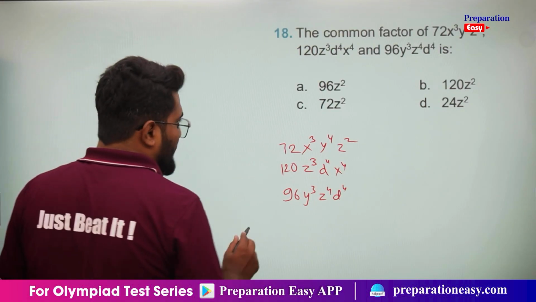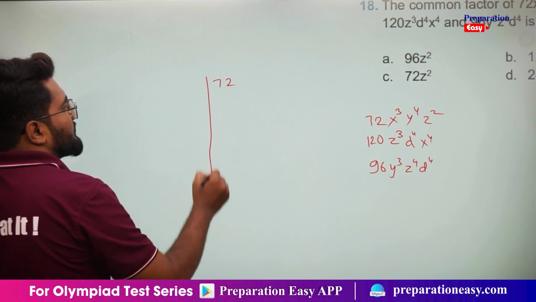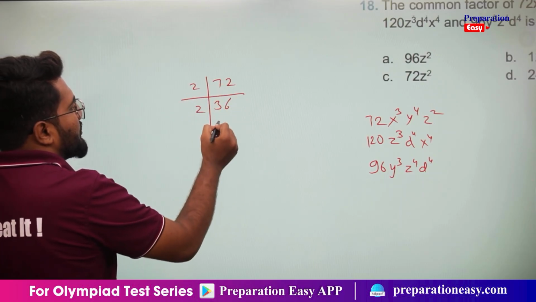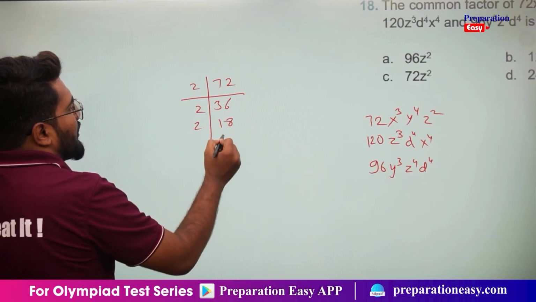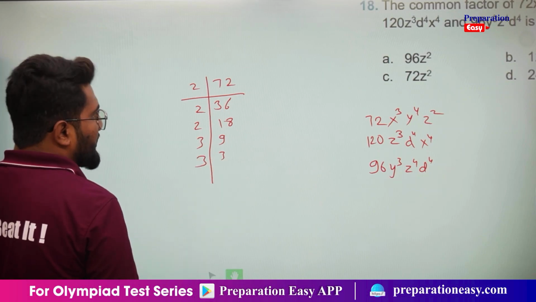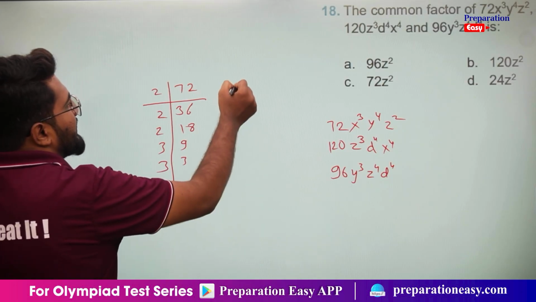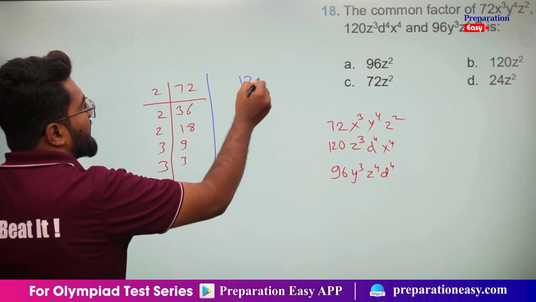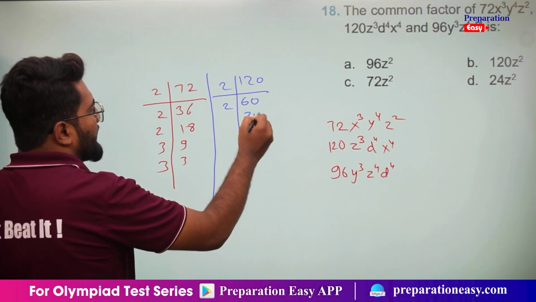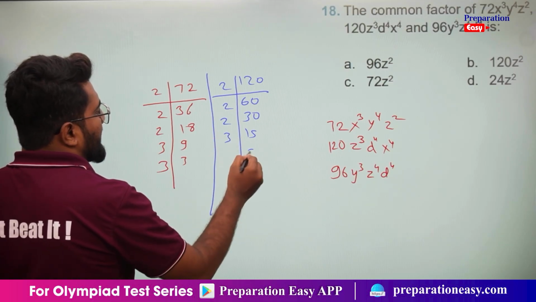Okay, for 72, divide by 2, 2, 2, then 3 and again 3. Next number is 120. For 120, 2 gives 60, 2 gives 30, again 2 gives 15, then 3, 5.